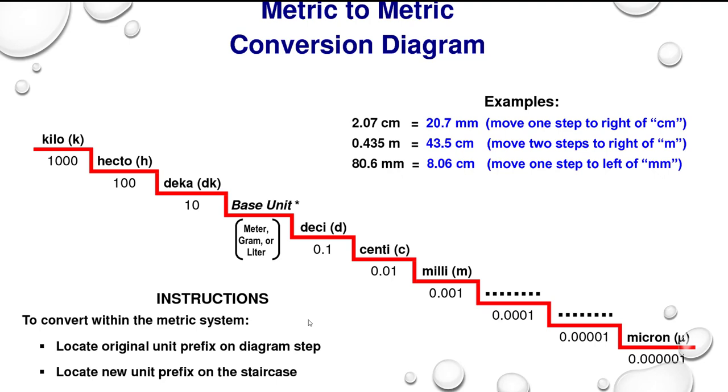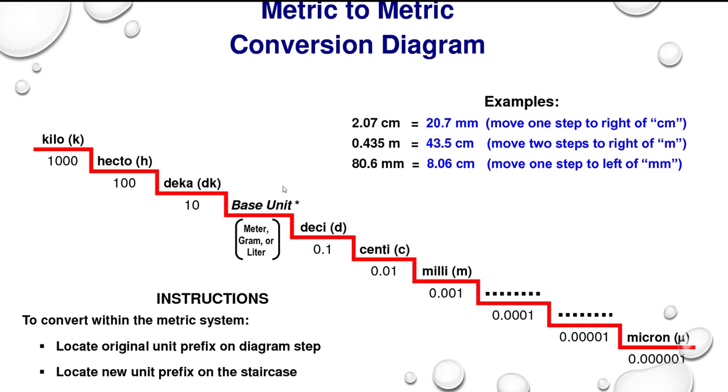This is something similar to what you have in your workbook. It's not in the textbook, but I thought I'd put this in this presentation just so that you get used to it for the workbook part. This is called a metric system staircase, and I like to have this handy. It's useful for me to visualize when I'm converting from one unit to another.